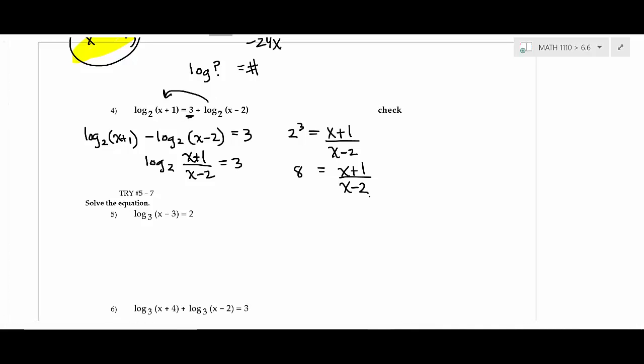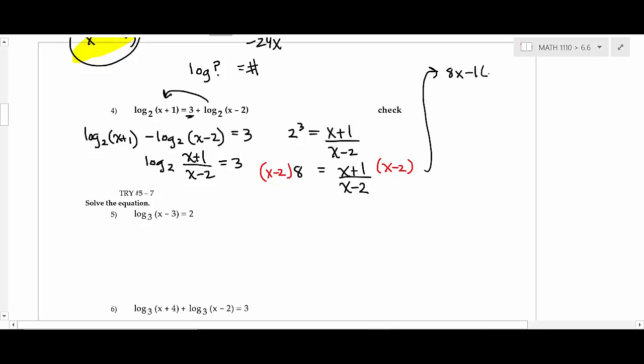So what's the best approach to finishing this problem? Multiply by x minus 2. You want to get rid of the fraction. Don't forget, if you have an equation with a fraction in it, get rid of the fraction. So both sides have to be multiplied by x minus 2. I'll have 8x minus 16 on the left side, and on the right side, x plus 1.